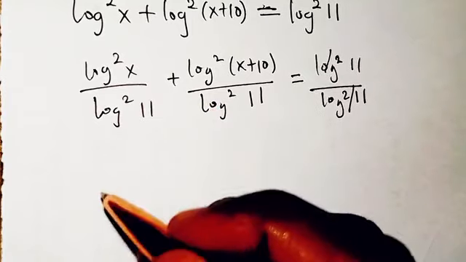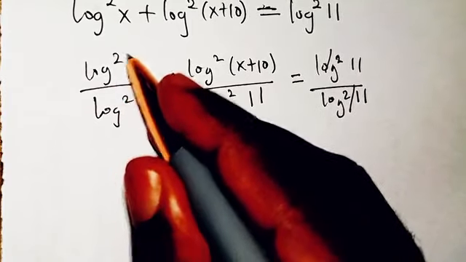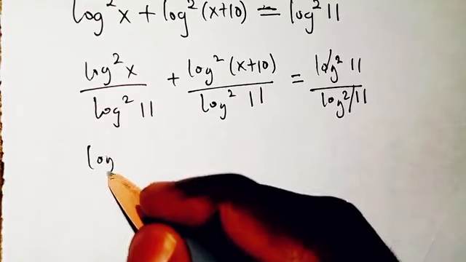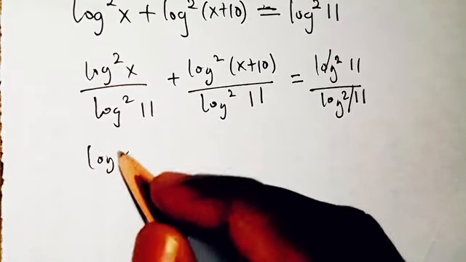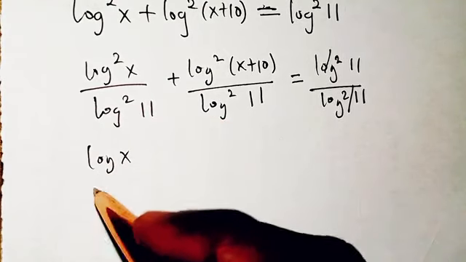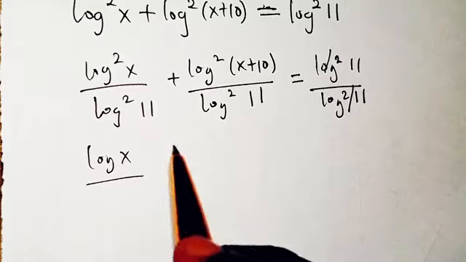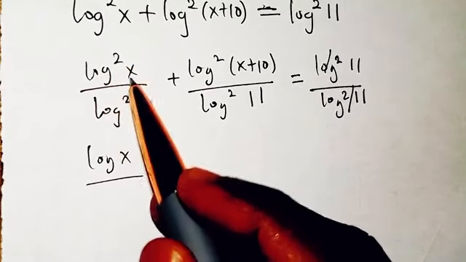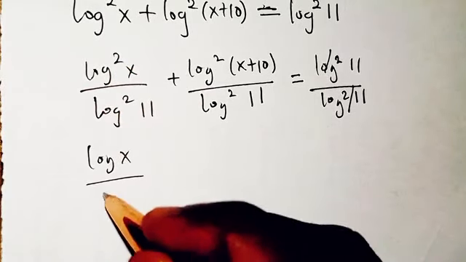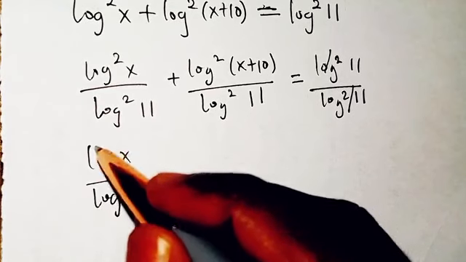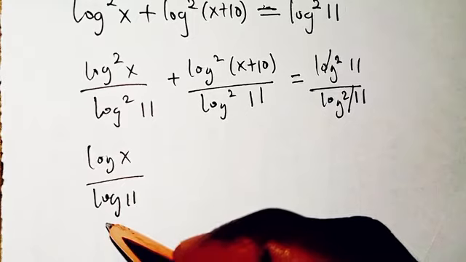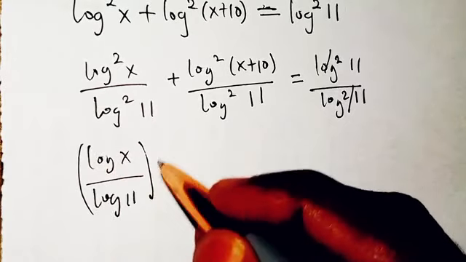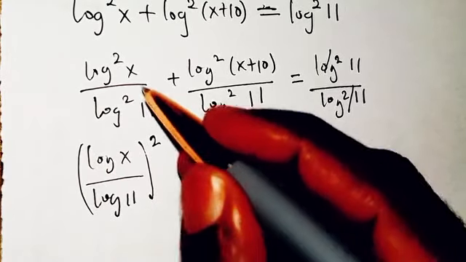Now this log can be written as log x over log 11, with everything to the power of 2. We can write the 2 like this, that is, the 2 is having the power.